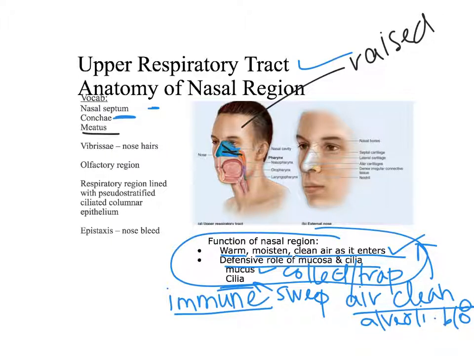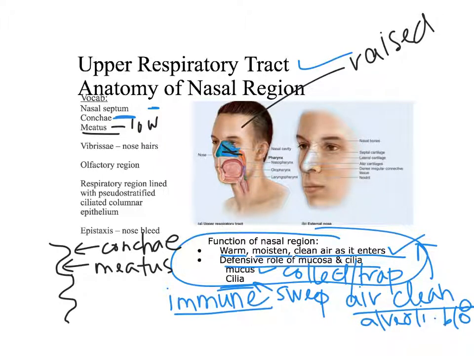And the meatus, these are the low parts, and I'll show you. So in your nose, in the lining, it kind of looks like mountains and valleys. So there are raised parts. These are called the conchi. And then the lower parts, this is called a meatus. So this would be a C, this would be an M.